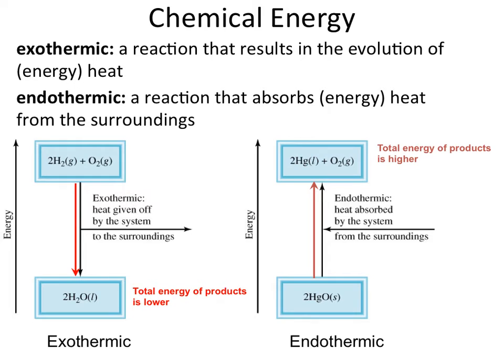So why is this important? Why do we need to think about this? Well, all of the interplay that we've just discussed between potential energy, kinetic energy, work, and heat is directly related to chemical energy. So instead of looking at the interplay between the position of the red ball and the blue ball, in this situation we're going to look at the differences in energy between reactants and their subsequent products. And basically what we have here are just little mini energy diagrams.